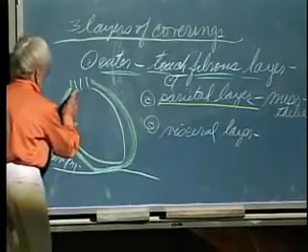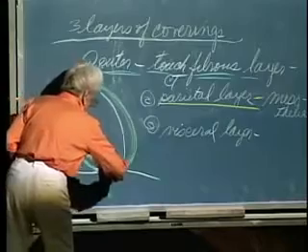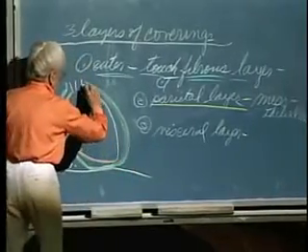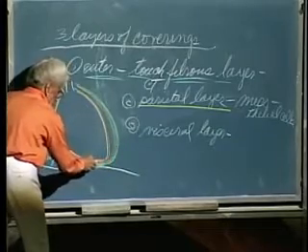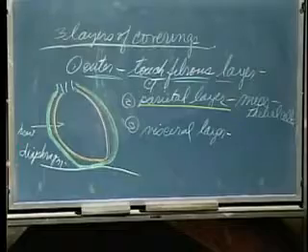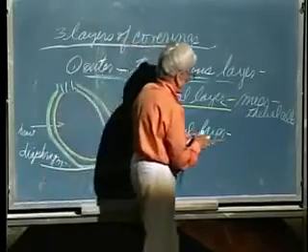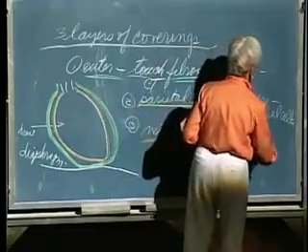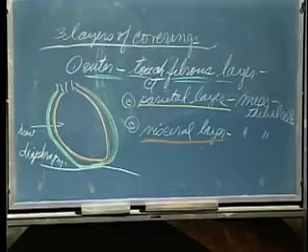So the visceral layer will be attached to the heart. So these are all protective coats of the heart. It's also made of mesothelial cells. So which layer here is comparable to the visceral layer?